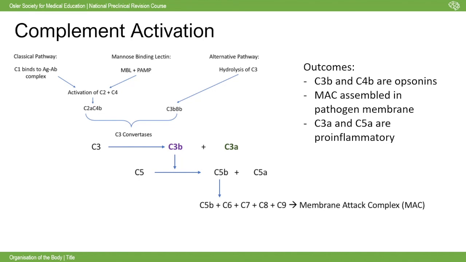Our C3 convertase then produces from C3, which is a protein, C3b and C3a. Then C3b is able to convert C5 to C5b and C5a. Our C5b then associates with C6, C7, C8, and C9, and that forms our membrane attack complex.